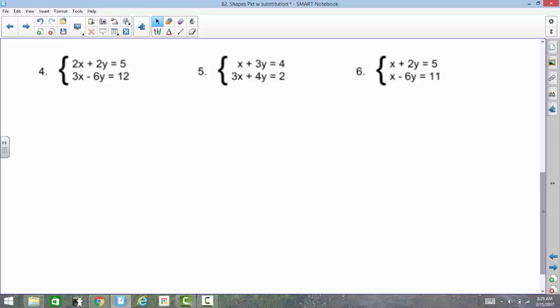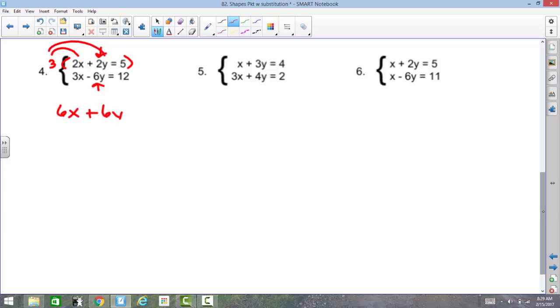Okay, 4. This time, you can't just add to eliminate. You need to get one of the coefficients the same. So if you look at the y's, to get those both to be a 6, you would have to multiply the top by 3. So I'm going to rewrite the top equation. 6x plus 6y equals 15.